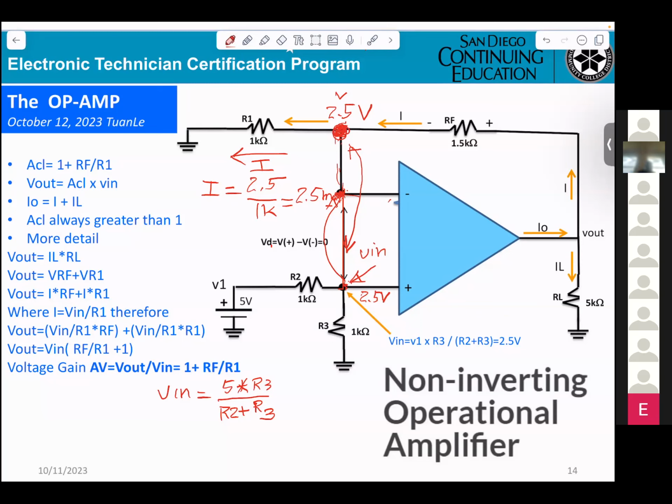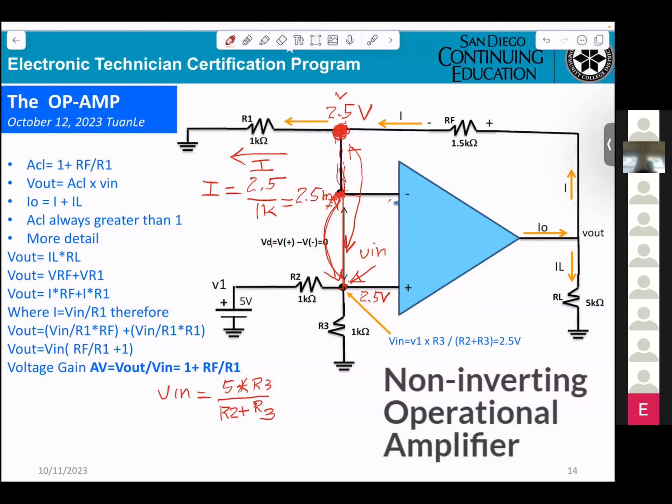At this point here, the 2.5 VD, so volts. You're saying the VD is only between the minus and the plus. Right. The difference is 0. Correct? So they're telling you this is just a wire.